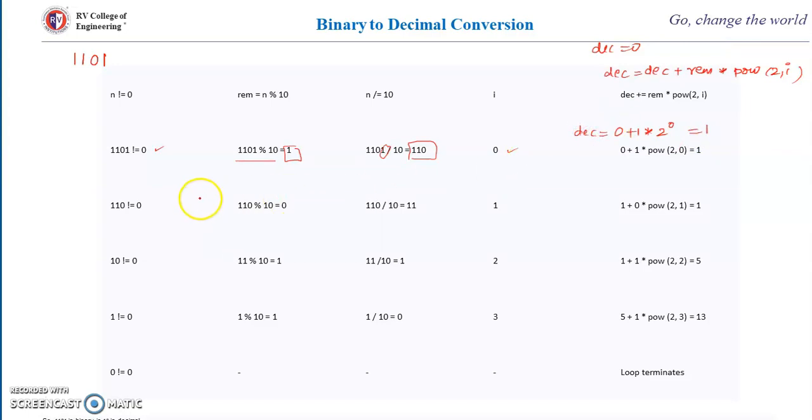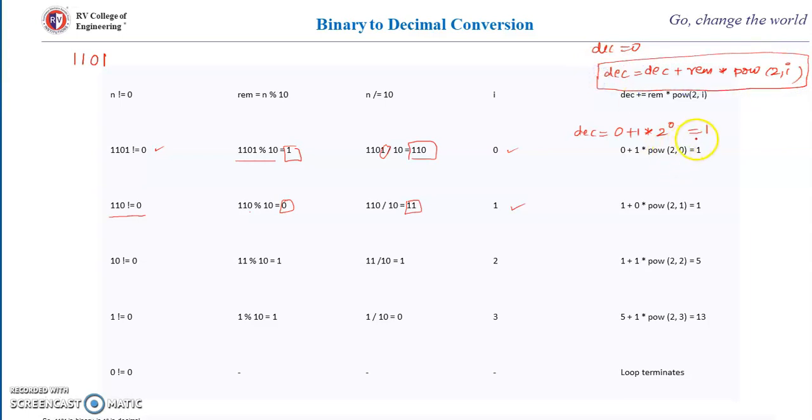Next iteration, what will happen? My number will be 110. Now 110 is not equal to 0, the condition is true. We'll divide it by 10 and get the last digit 0, so the remainder is 0, and for the quotient we skip the last digit. We'll get 11 as a quotient, and I value will be incremented by 1. It becomes 1 now, and in this equation we'll substitute the values.